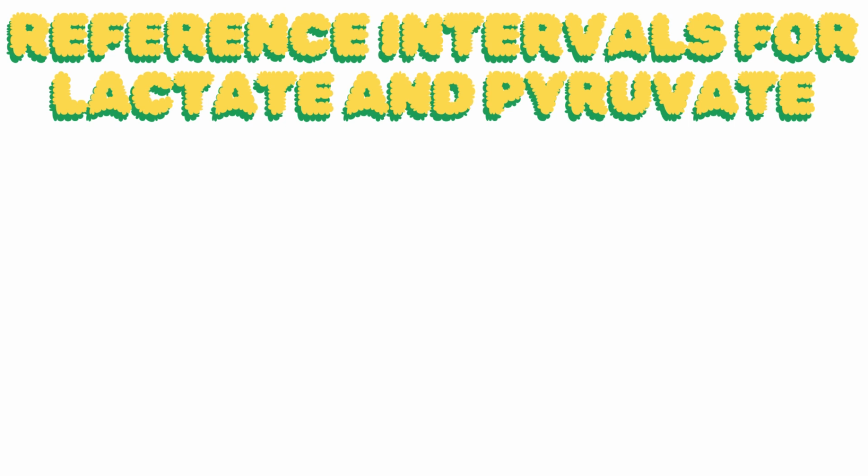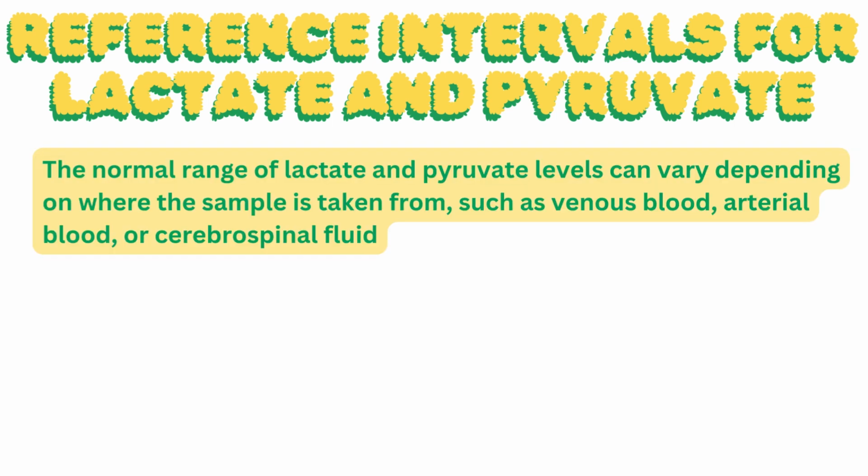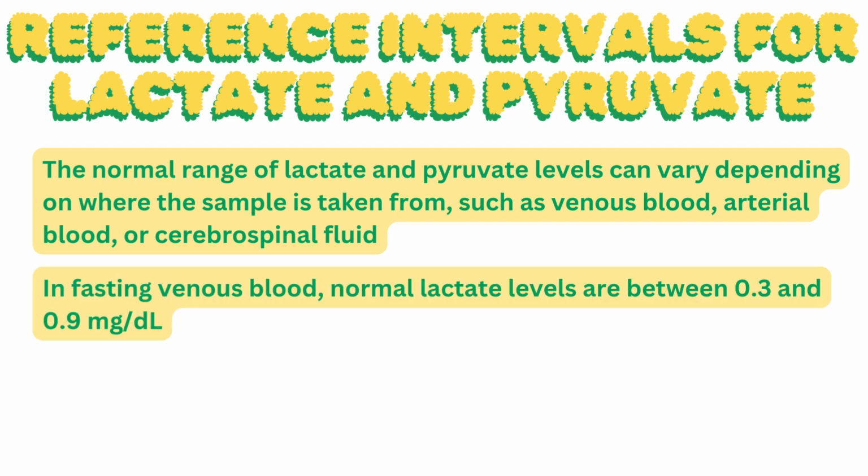Finally, let's talk about reference intervals, the normal range of lactate and pyruvate levels. These can vary depending on where the sample is taken from, such as venous blood, arterial blood, or cerebrospinal fluid. For instance, in fasting venous blood, normal lactate levels are between 0.3 and 0.9 mg per deciliter.